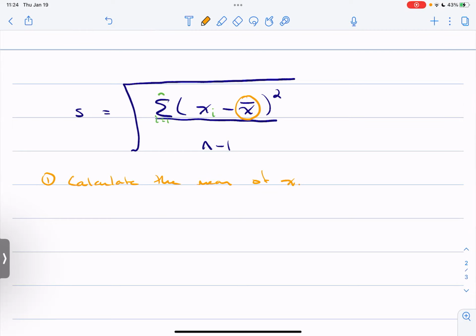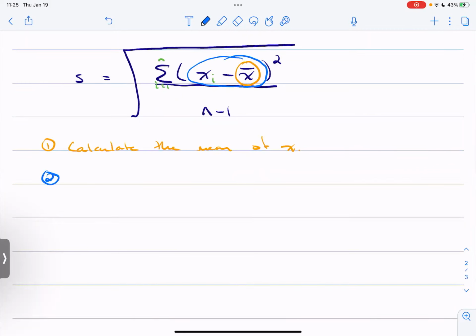The next step as you're picking apart this formula is you would take each of the values in your data set and subtract the mean. You're going to have some positives, some negatives, and it's fine.